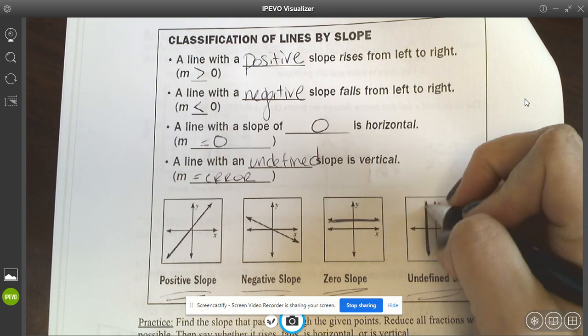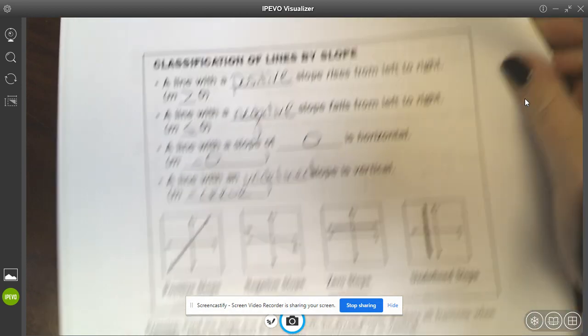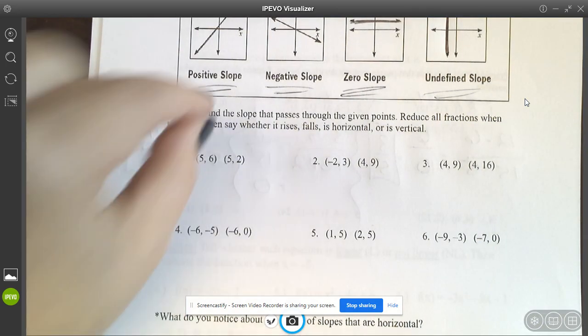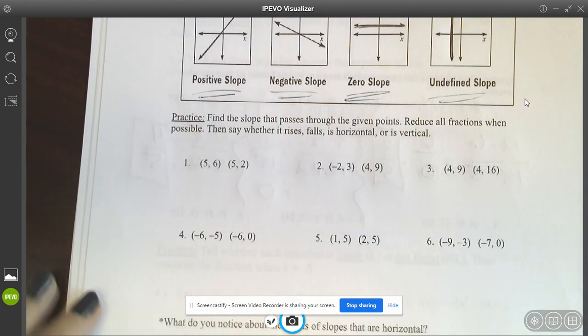Undefined slope is a vertical line. So a vertical line would be like a wall. If I told you to climb a wall, you wouldn't be able to. So when we do these slopes down here, we're going to identify if it's a positive, negative, horizontal, vertical line, like which slope it is.